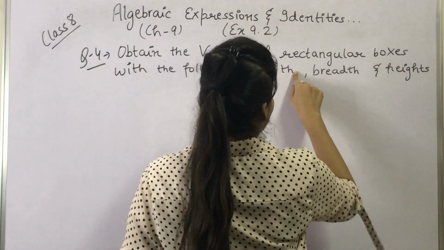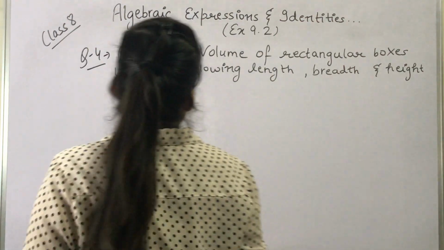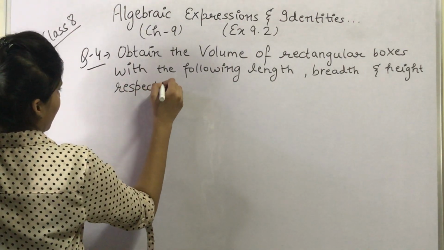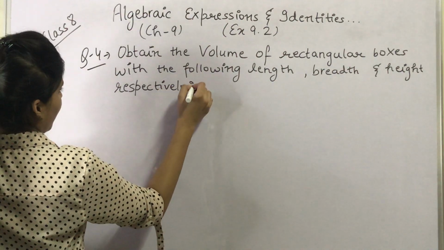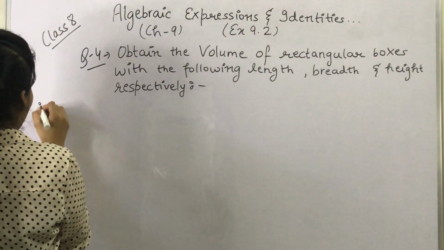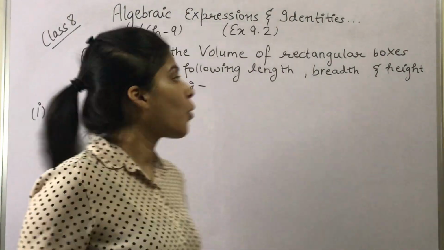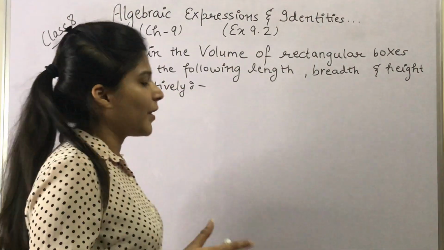So in this question we have to find the volume of rectangular boxes with the following length, breadth and height.